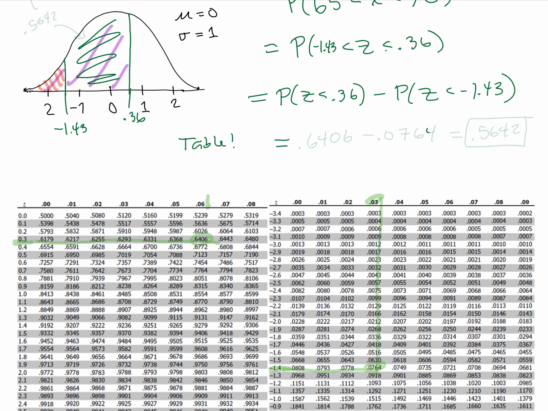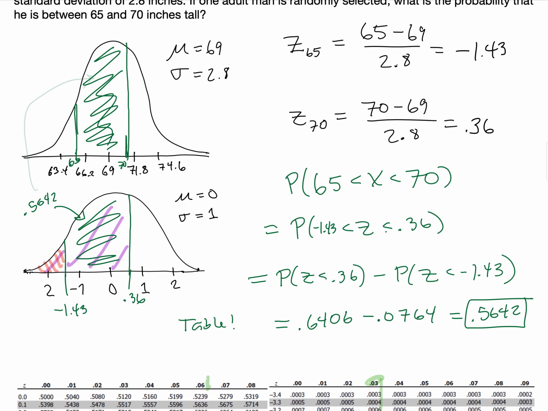So that means that this is equal to the first probability, 0.6406, minus the second, 0.0764, and subtracting gives us 0.5642. So 0.5642 is this shaded probability right here, in the middle.